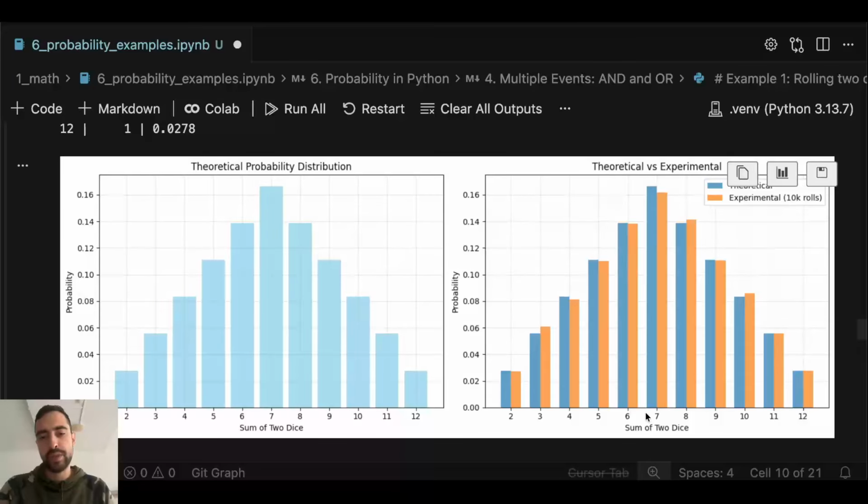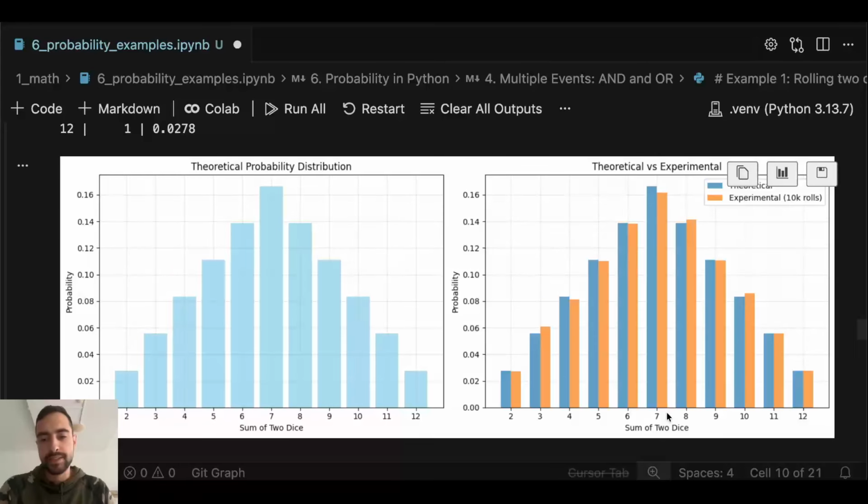So what is the probability of each of these sums? For example, if the sum is 2, it means we got 1 and 1. If the sum is 7, it means we got 3 and 4, and 4 and 3, and 2, 5, 5, 2, 1, 6, 6, 1.